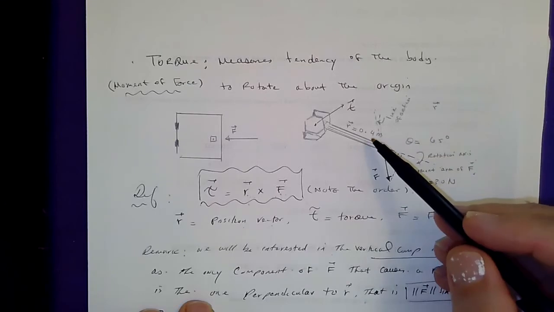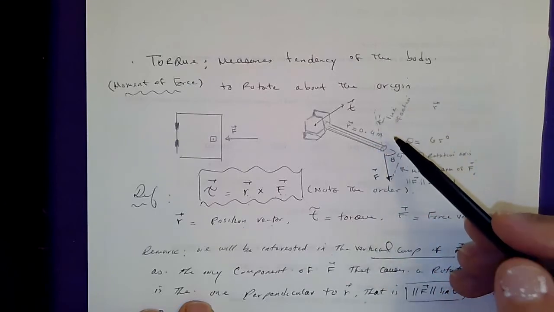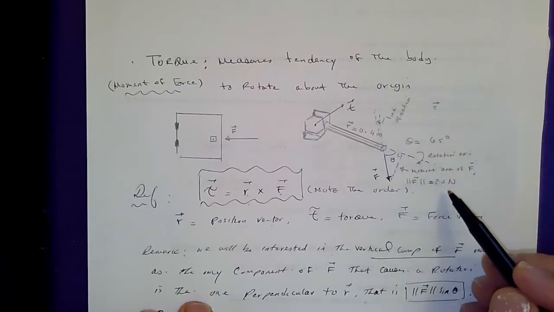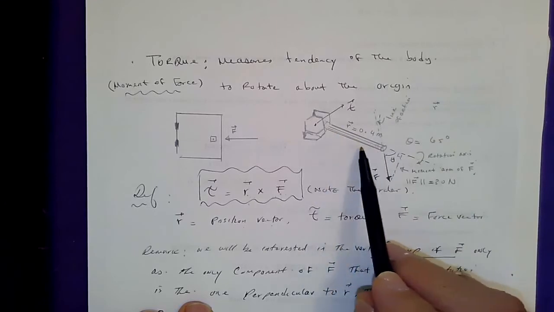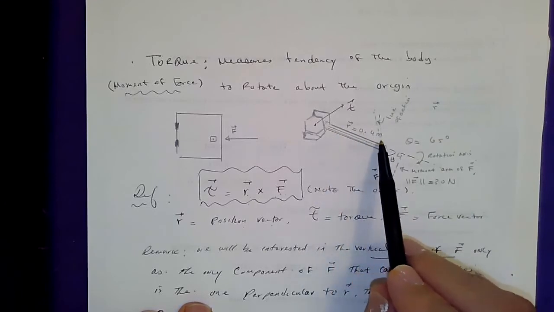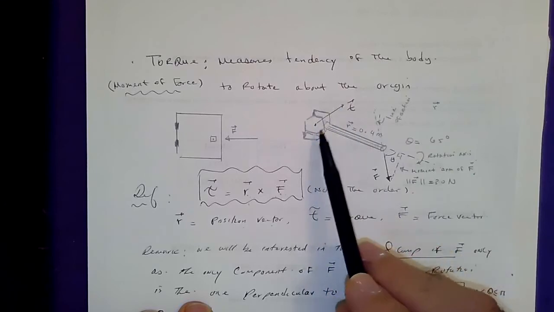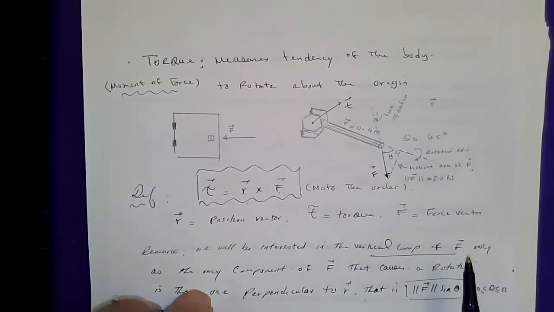So here's the deal. The question is, find the magnitude of the torque applied by a force, where the magnitude of the force is 30 newtons, and the length of the arm of the wrench is 0.4 meters. How much torque is applied to the center of the bolt?